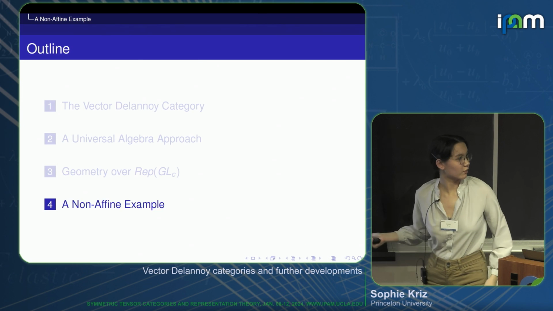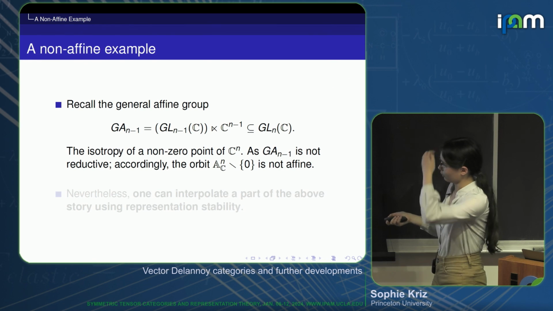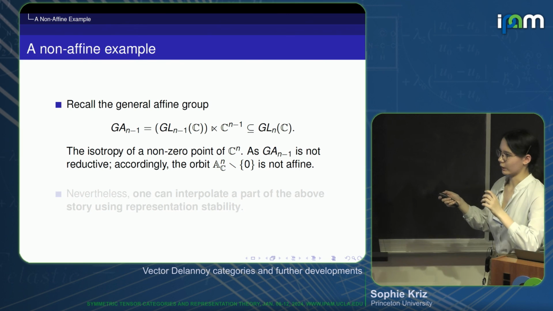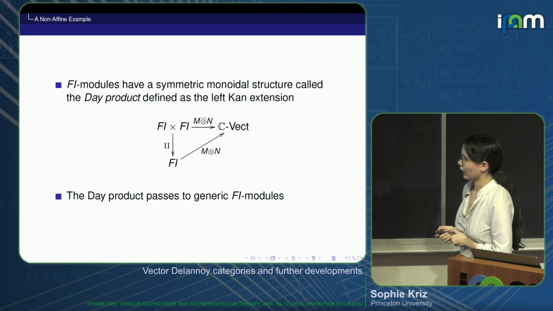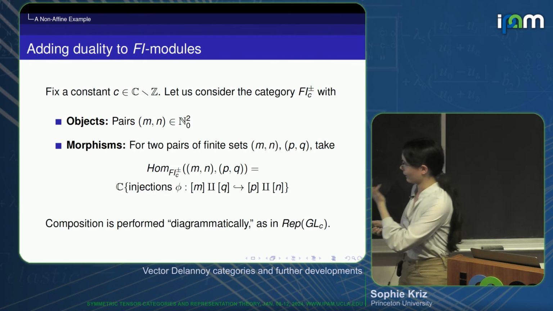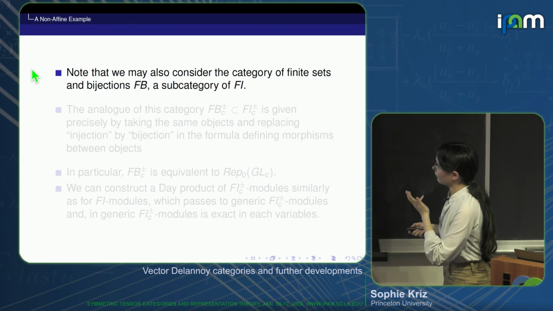Okay, since I'm out of time, I was going to mention a non-affine example, which is an interpolation of the general affine group in a certain way. It uses representation stability to diagrammatically say what this Rep of GA should be.